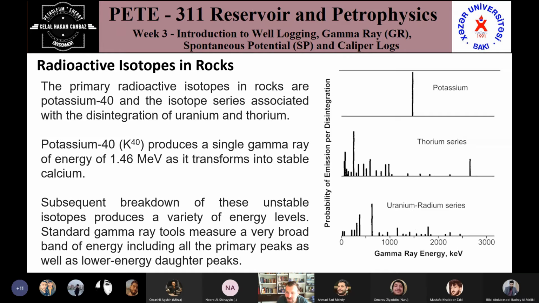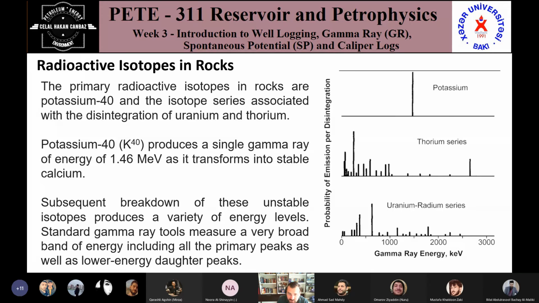Standard gamma ray tools measure a very broad band of energy, including all the primary peaks as well as lower energy daughter peaks. So this spectrum is the classification of thorium. It's proved. And this is the same thing for uranium and radium, classification.